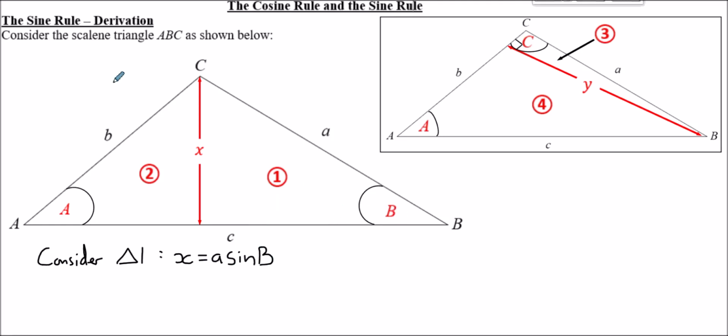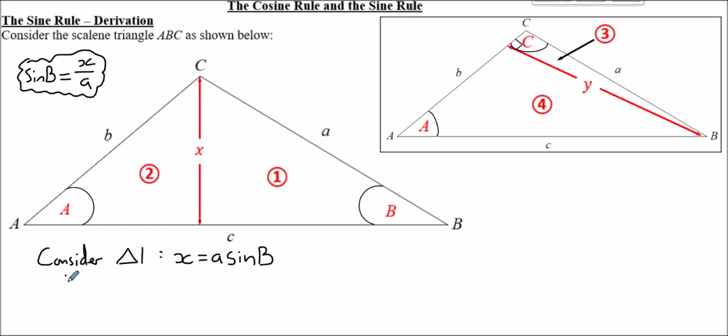So sine B is the opposite, which is side x, divided by the hypotenuse, which would be a. So it's just a rearrangement of this. So I'm just writing side x as a sine B.